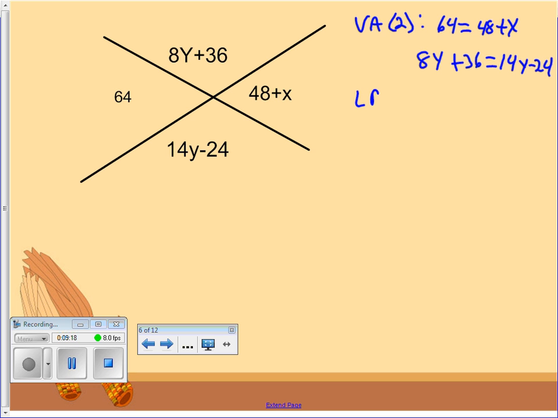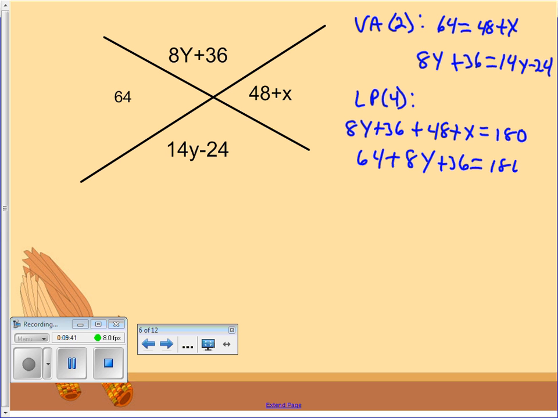And then for a linear pair, there are 4 of them. So we are going to have 8y plus 36 plus 48 plus x equals 180. We have 64 plus 8y plus 36 equals 180. We also have 64 plus 14y minus 24 equals 180.